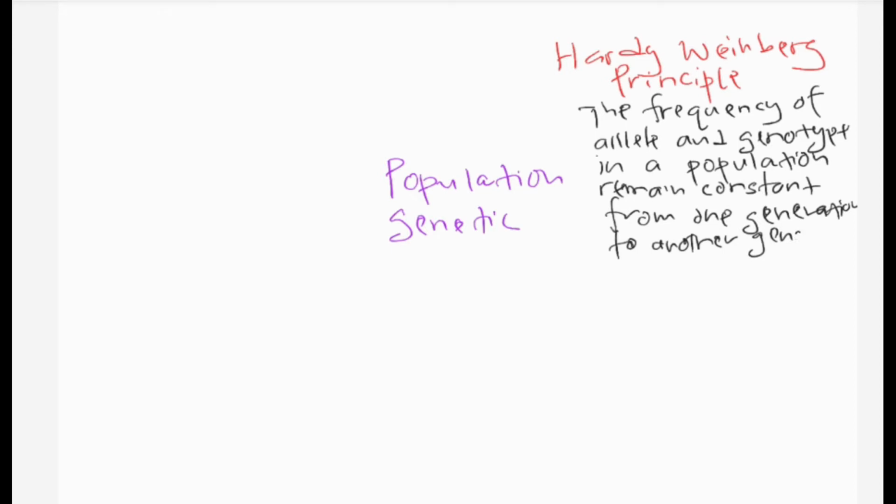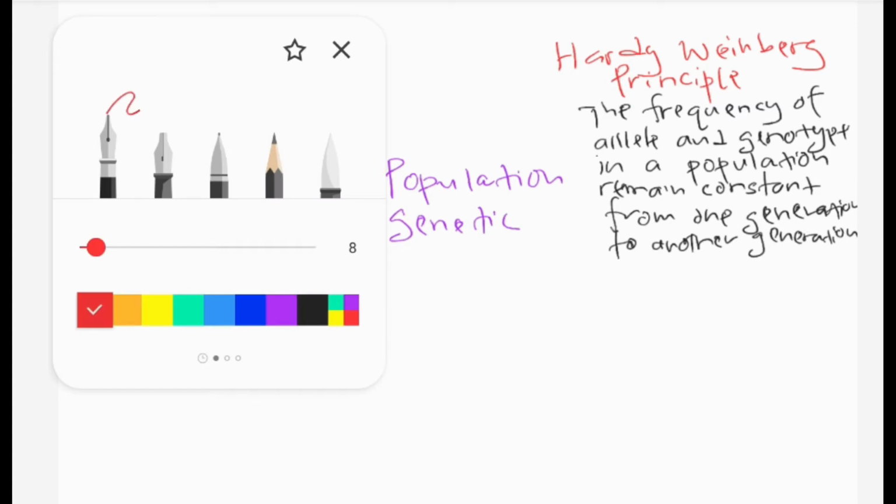I repeat again: if the question asks you to state Hardy-Weinberg's principle, the answer is the frequency of allele and genotype in a population remain constant from one generation to another generation.